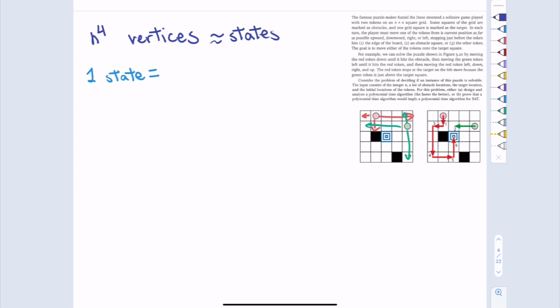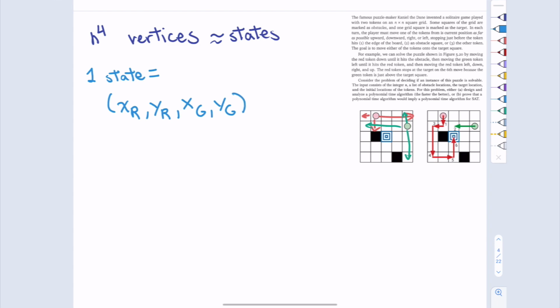Yeah. Okay, so one state might look like maybe we write just a coordinate pair. Oh, I guess you need. Okay, so I might write it to consist of XR for the red's X coordinate, YR for red's Y coordinate, X green for the green's X coordinate, Y green for green's Y coordinate.